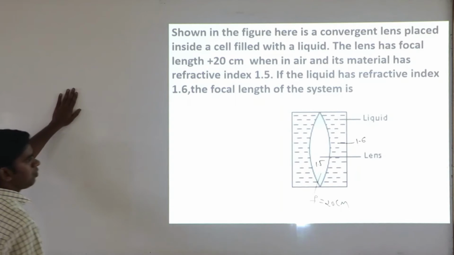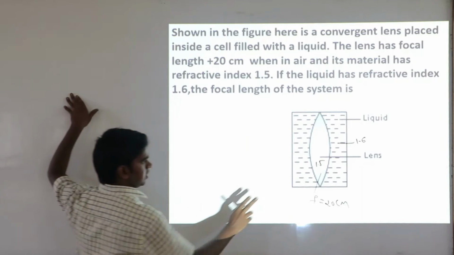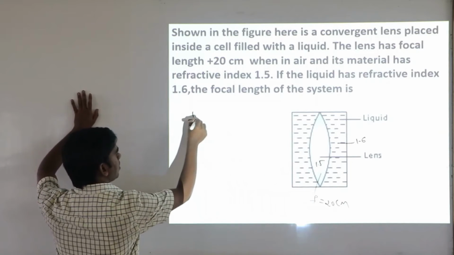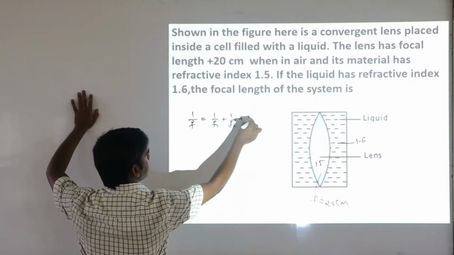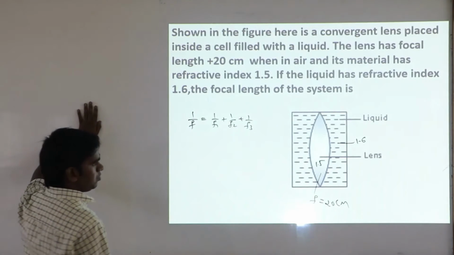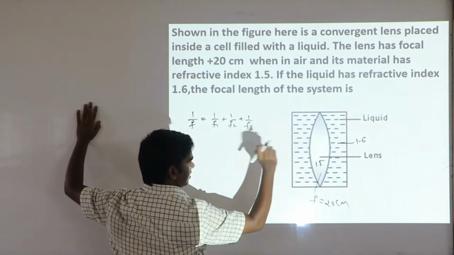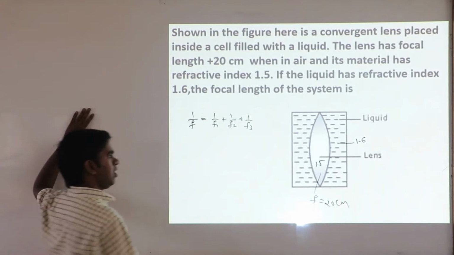Now for that, first we will find the radius of curvature. Because we have three lenses, we can apply the formula 1/f = 1/f1 + 1/f2 + 1/f3. We know the focal length of this lens, but we don't know the focal length of these two liquid lenses, so we need the radius of curvature.